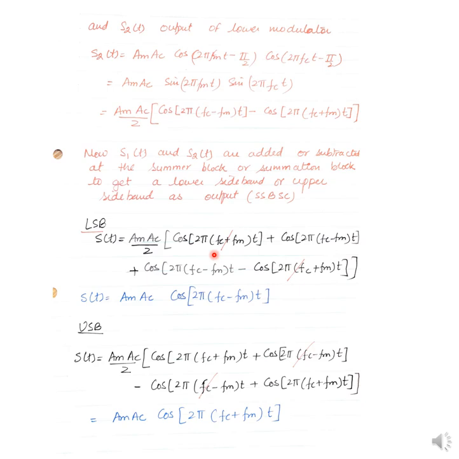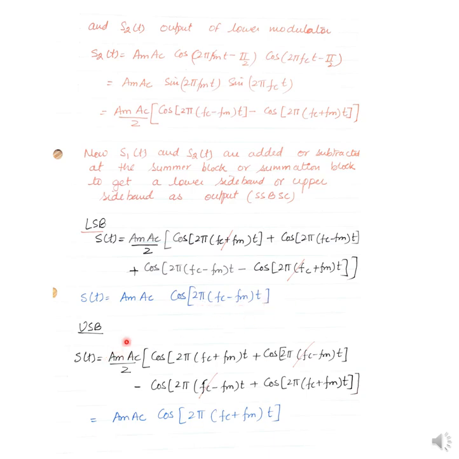Then this signal will cancel this signal and you will receive Am Ac cos 2 pi (fc minus fm) t, because these two will double, so the 2 will cancel the double of that.